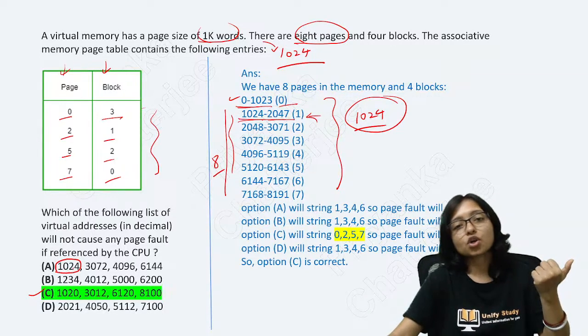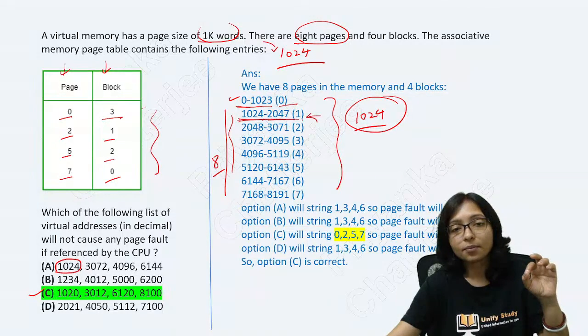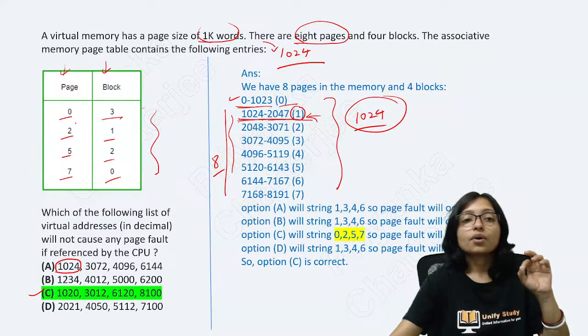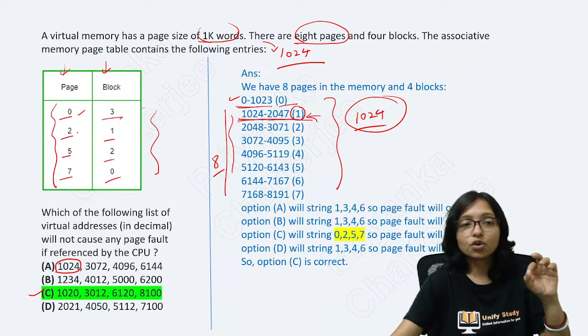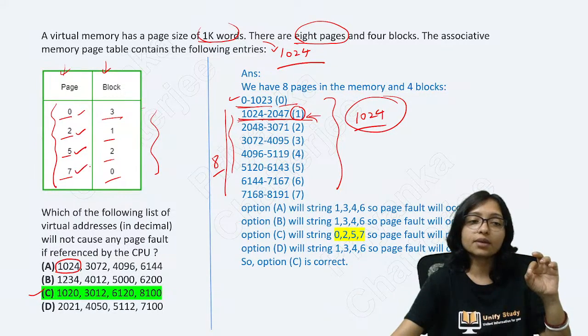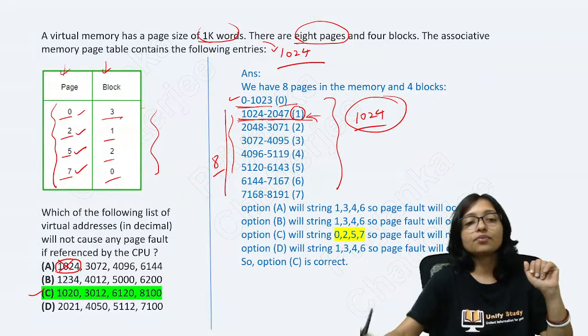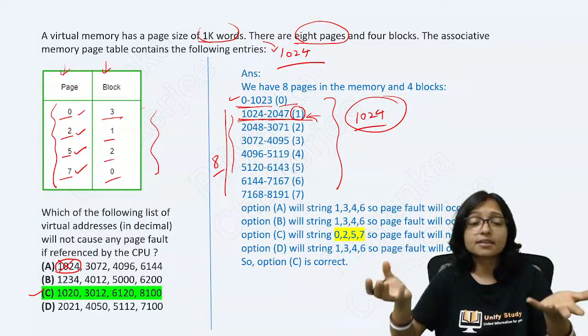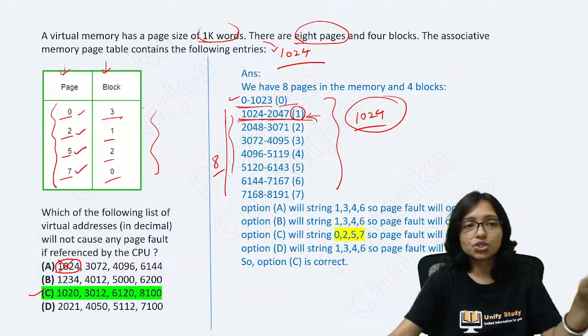In the first option, 1024 is available in page number 1. Now page number 1 is not available here. Page number 0, page number 2, page number 5 and page number 7 are available. That's why option 1 will not be possible, because page number 1 is not available. The remaining options you need to check.